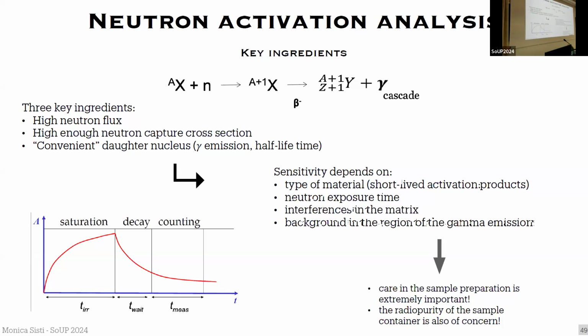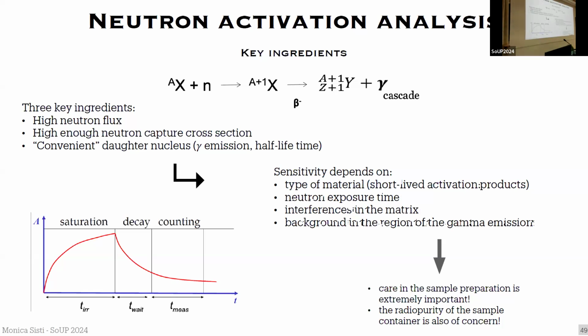Also, the radiopurity of the sample container is important because everything is bombarded with neutrons. If you have a dirty container, this can transmit some of its radioactivity to your sample.